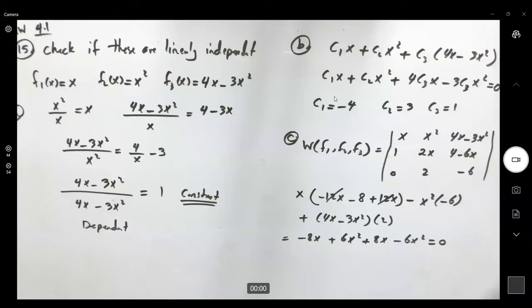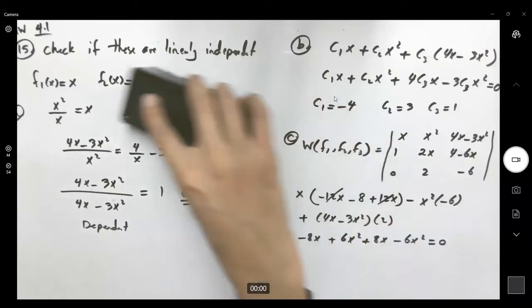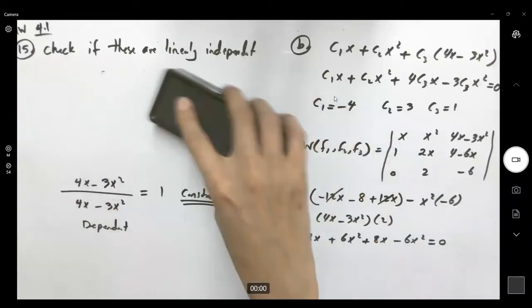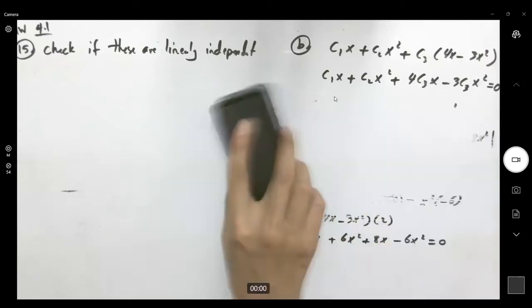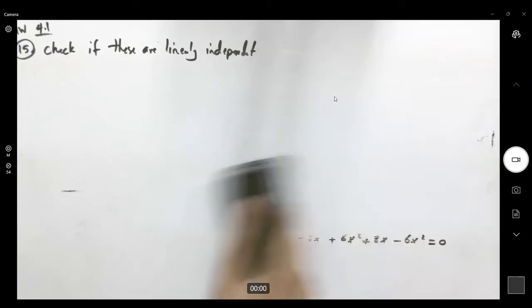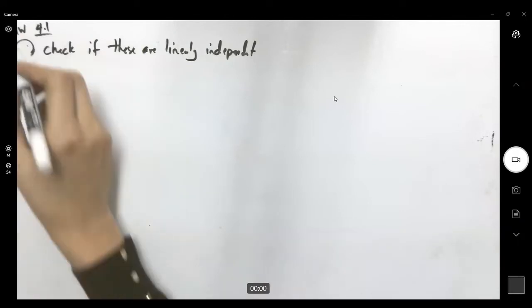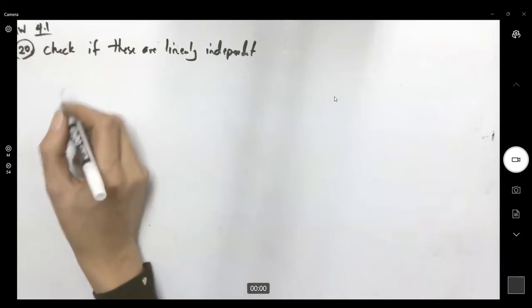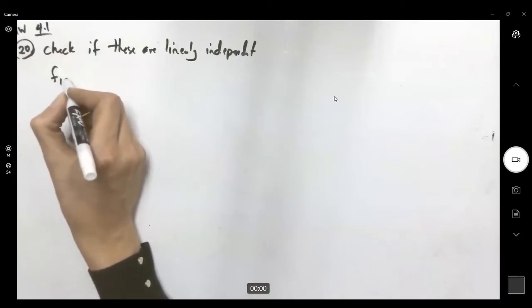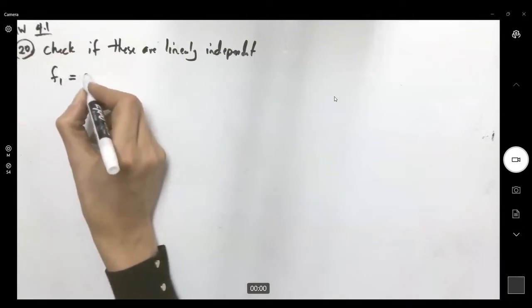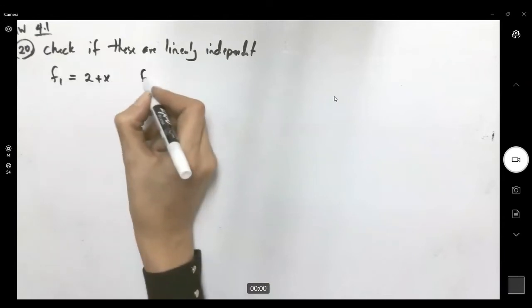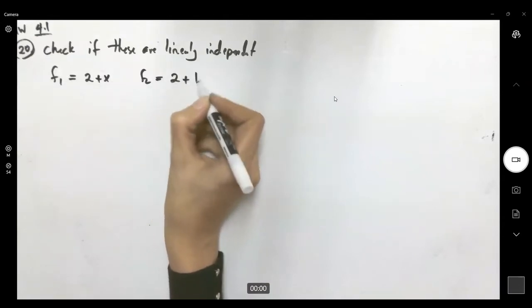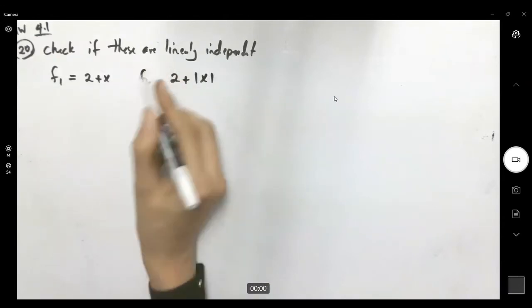Let's take a look at question 20. For question 20, we have the following. These two functions are given to us. So we have f1, which is equal to 2 plus x, and f2, which is 2 plus absolute value of x.